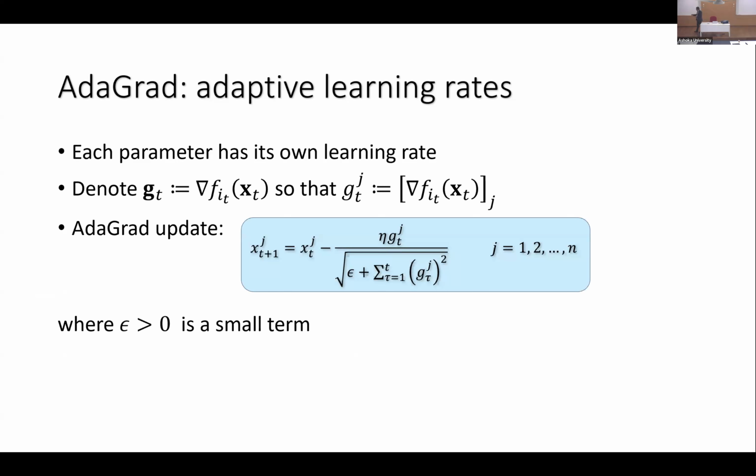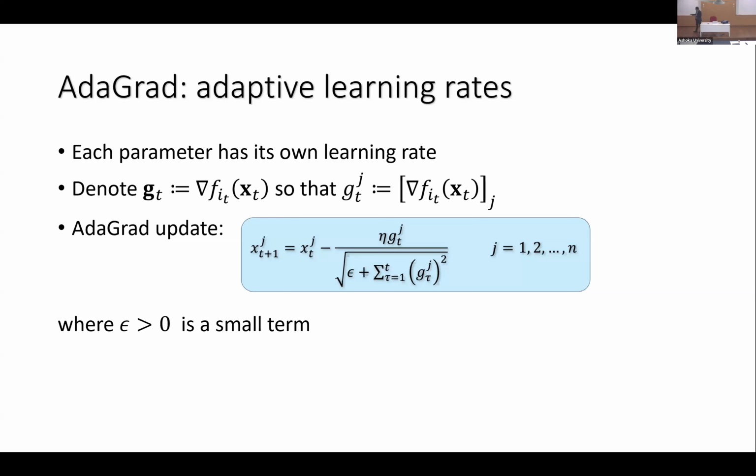What is the impact of this term in the denominator? It's very interesting. Let's ignore epsilon. What is happening is that as t grows, these g_t's contribute more and more, because this is g_tj squared, some scalar value squared.